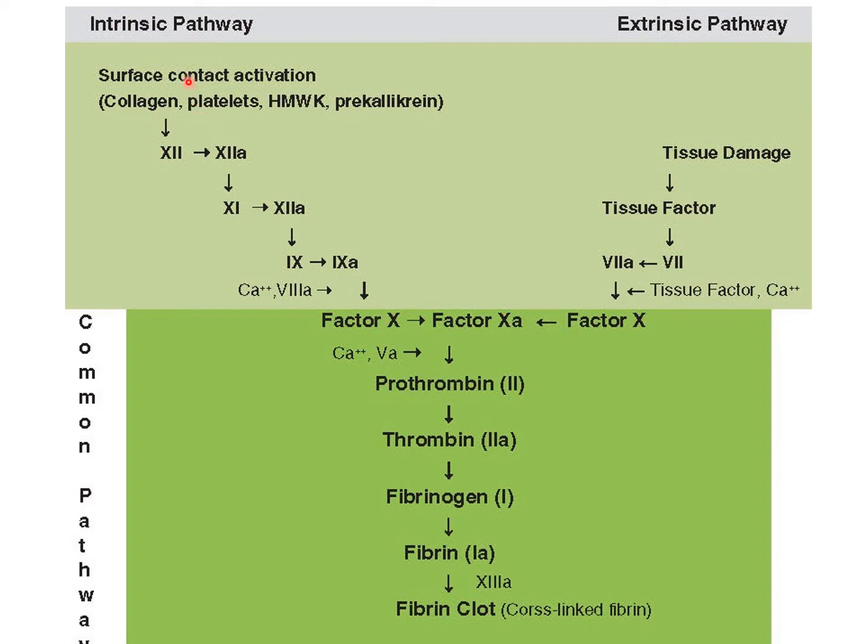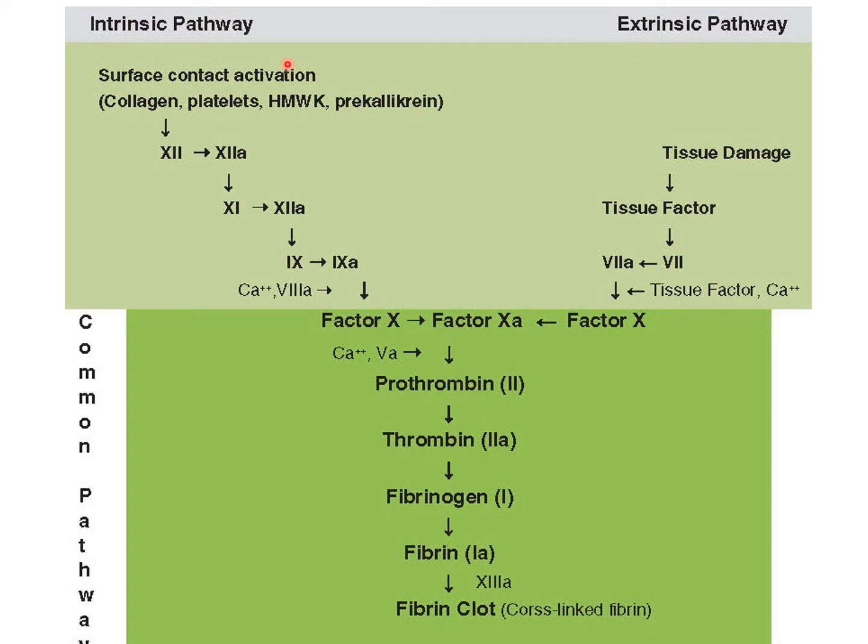Similarly, internal damage to the cardiovascular system leads to activation of the intrinsic pathway, which is generally slower to activate but has a longer duration of action. It leads to activation of various blood coagulation factors, namely factor 12, 11, 9. You don't have to remember all these steps.